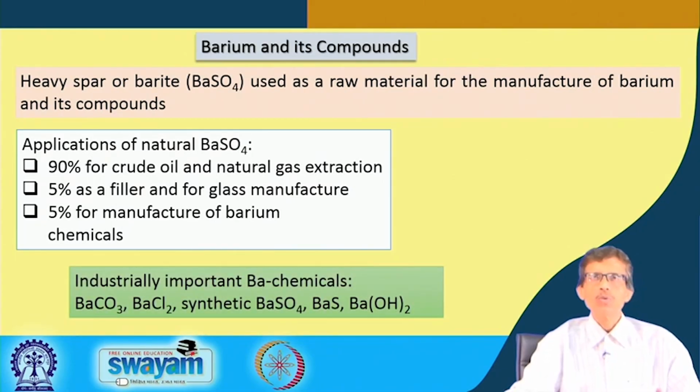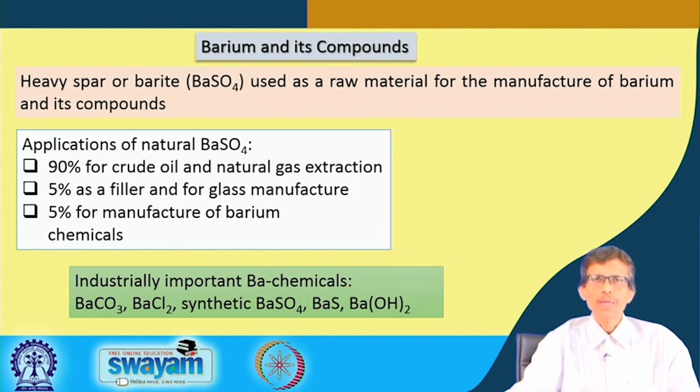And what are those barium chemicals which are industrially important? Industrially important compounds are basically produced on a large scale, a huge amount of these materials. One is barium carbonate, next is barium chloride, then synthetic barium sulphate, which we do not get from the heavy spar process, then barium sulphide and barium hydroxide.